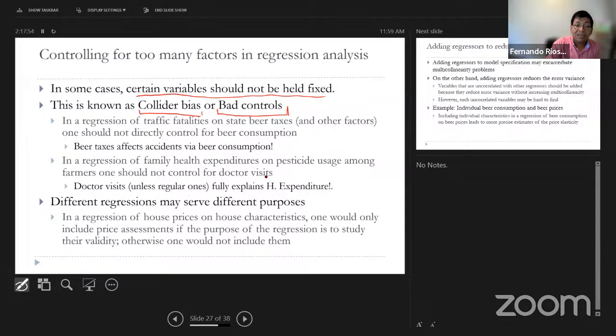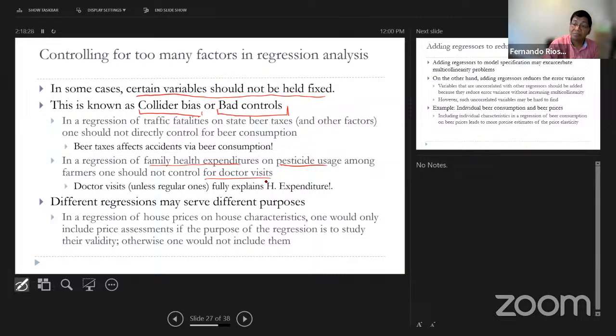In other words, if I do not have current information on family expenditures, but I always have information on pesticide use and the number of doctor visits, it's probably going to be good for me to add all this information if at the end of the day what I'm trying to do is predict how much a household spends on health expenditure in the future, and the only information that I have is pesticides and doctor visits.